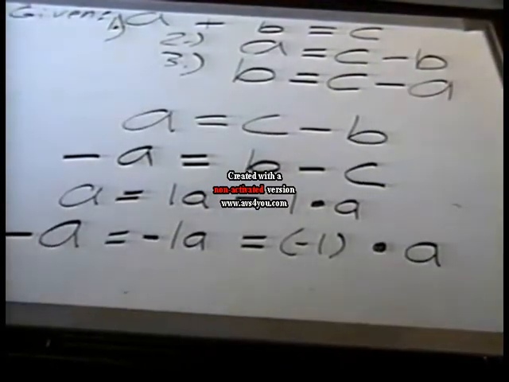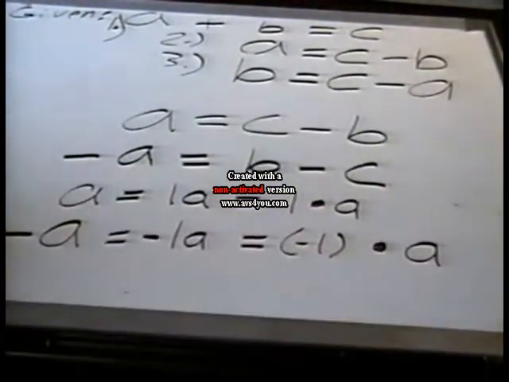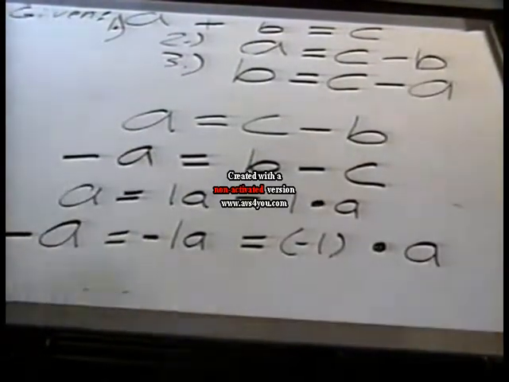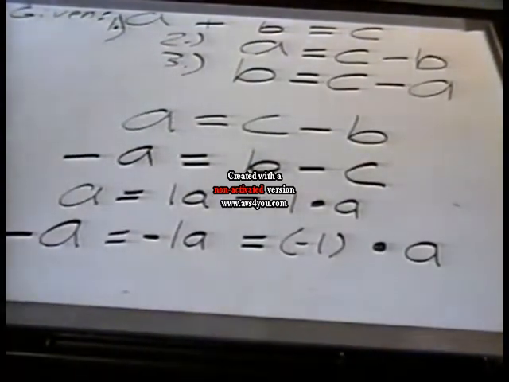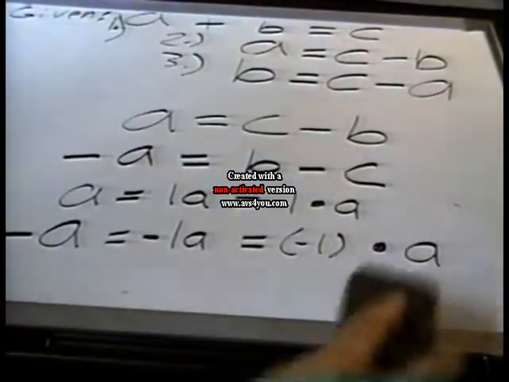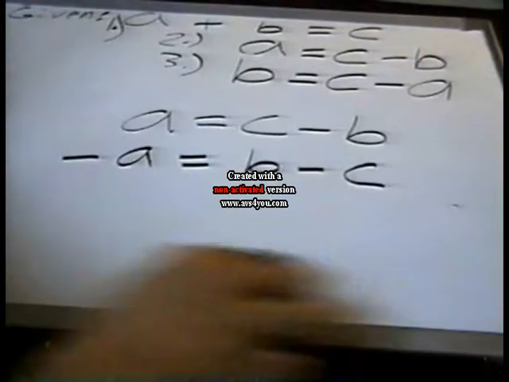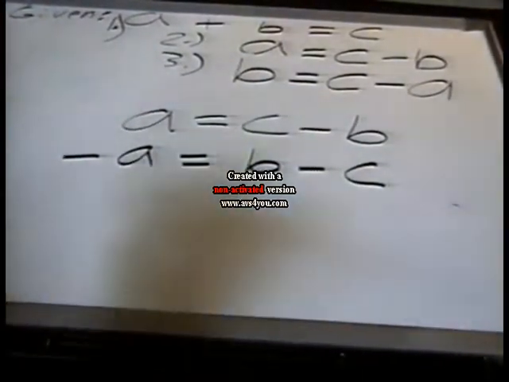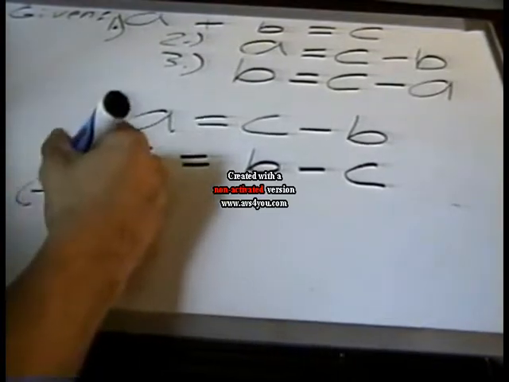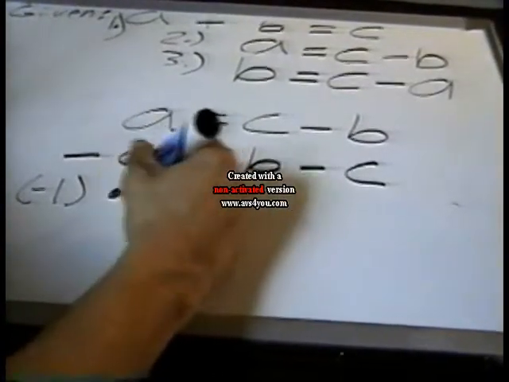Now, is this true? 6 minus 4 does equal 2. So yes, that's true. That means this is true. See, the purpose of the letters is to show you what you would do to numbers if numbers were in that place.